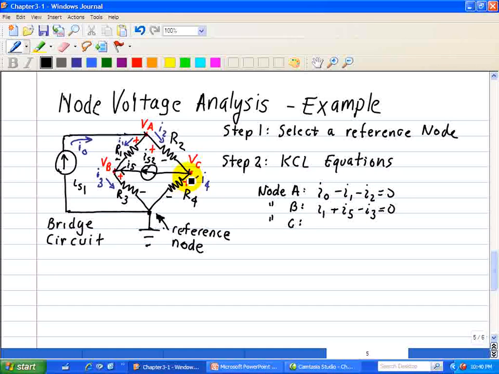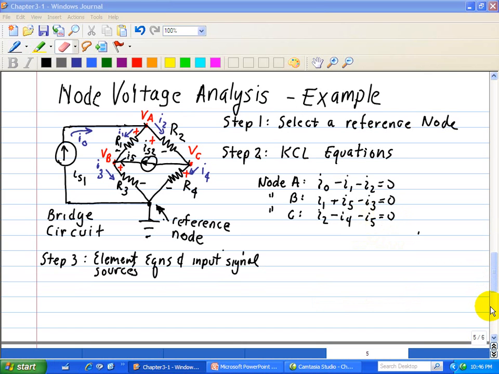For node C, our incoming current is I2, and our outgoing currents are minus I4 and minus I5. So those are the KCL equations associated with step 2.